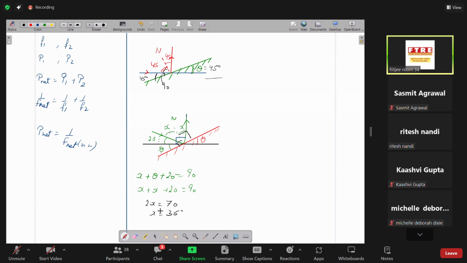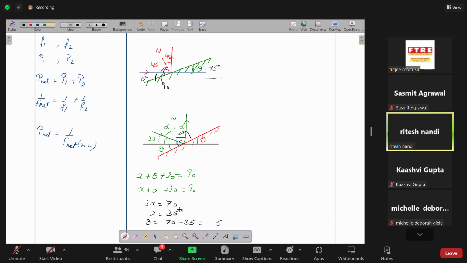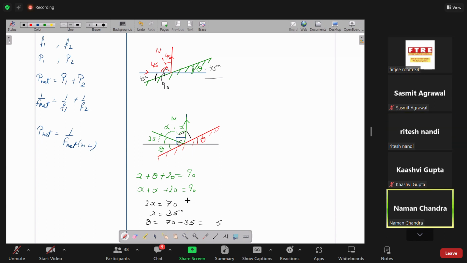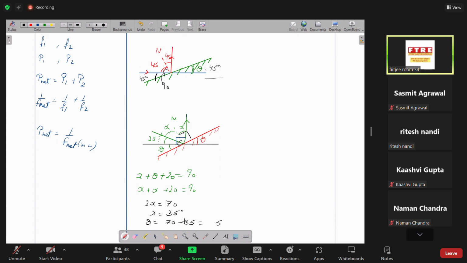So now theta will be equal to 70 minus 35. It will be 70 minus 35, right?